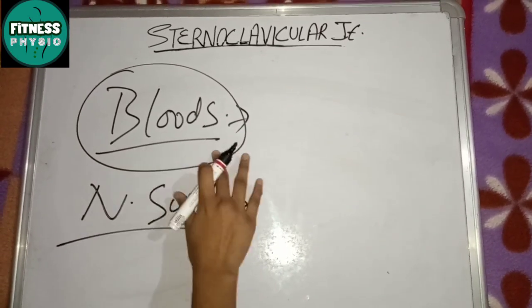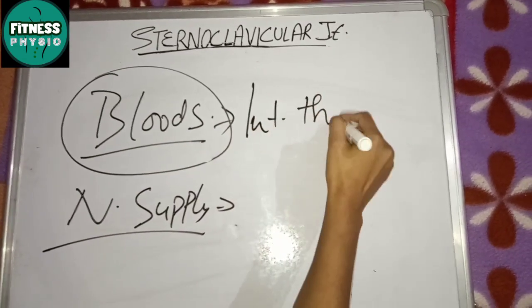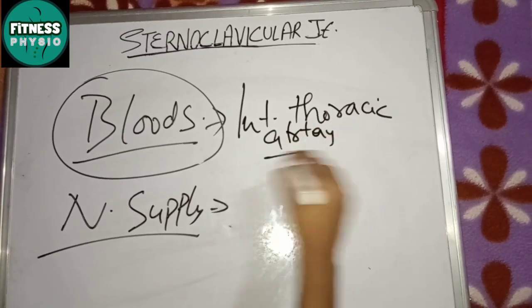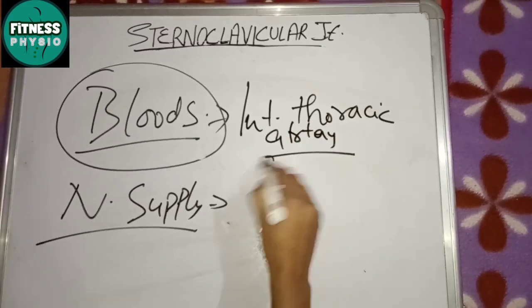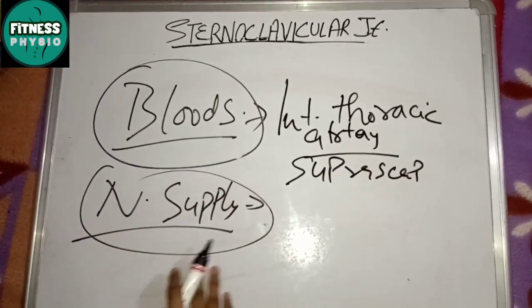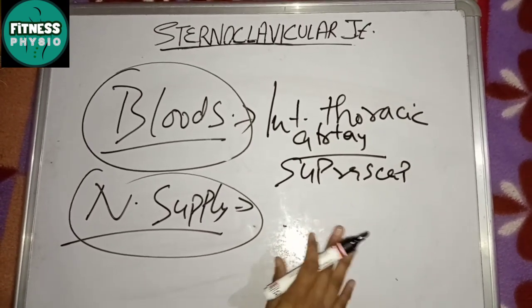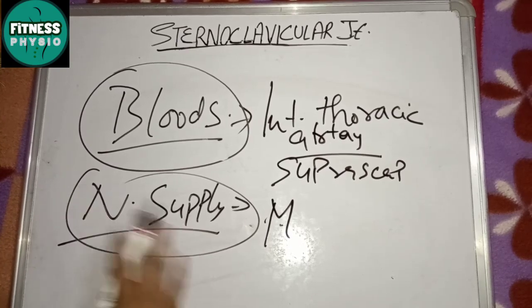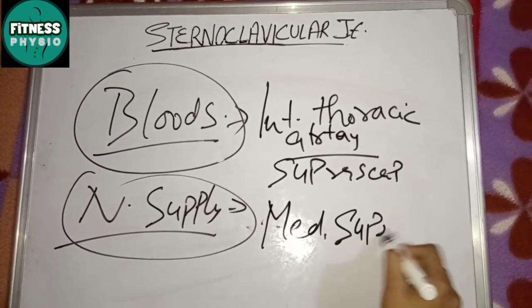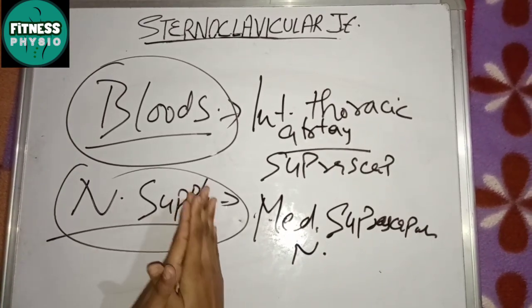The blood supply is by the internal thoracic artery and your suprascapular artery, and your nerve supply is by the medial suprascapular nerve. Your nerve supply of your SC joint is by the medial suprascapular nerve.